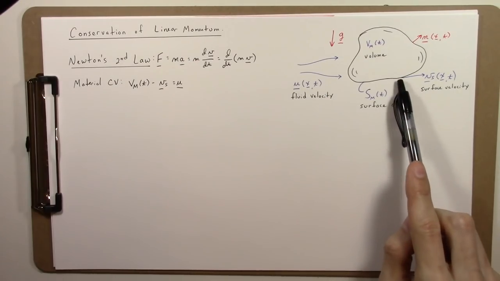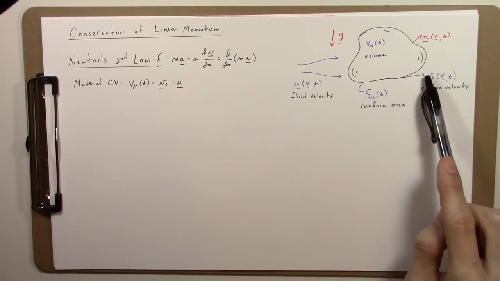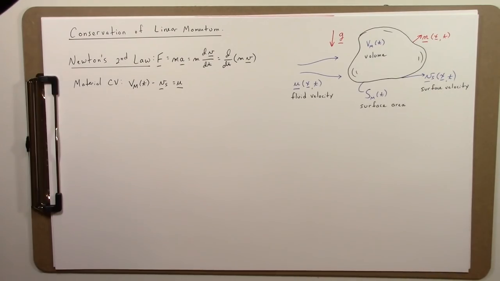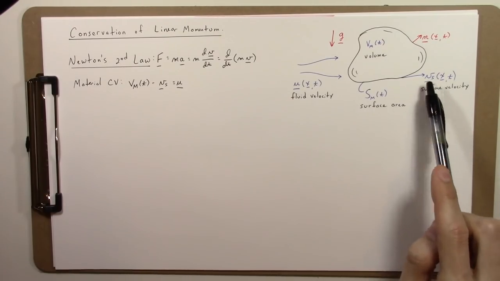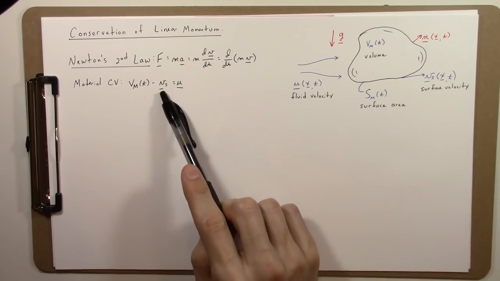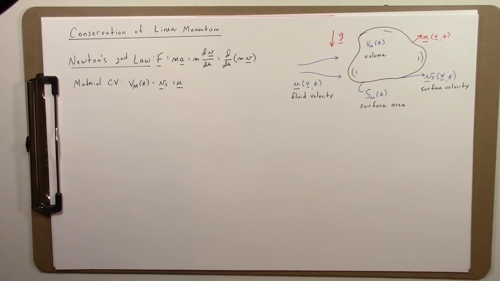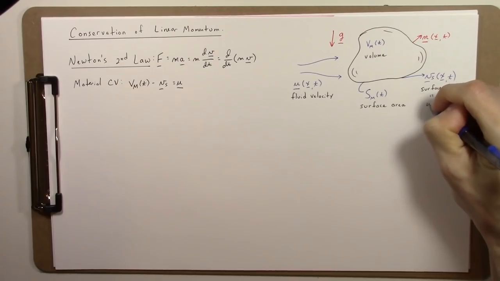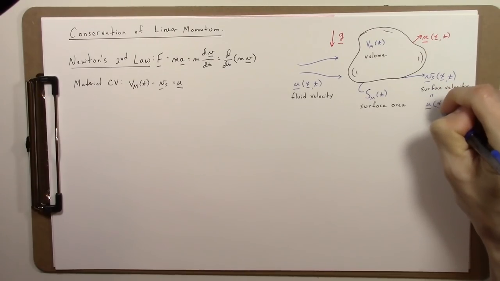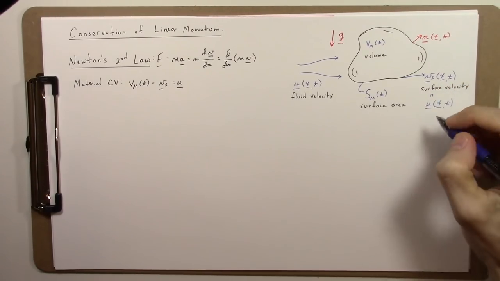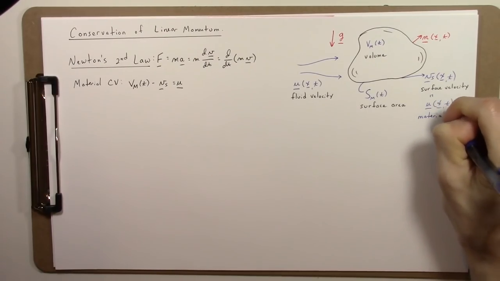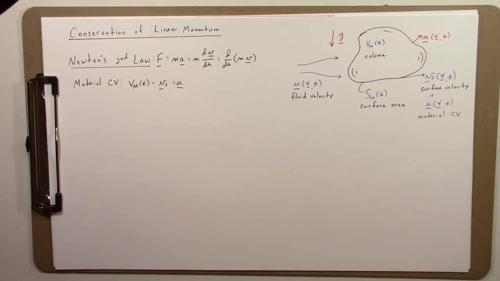The surface of the control volume has local velocity v sub s, which also depends on position and time. And as we mentioned, because this is a material control volume, the surface velocity is everywhere equal to the fluid velocity, so Vs is simply equal to u. That's an important point.